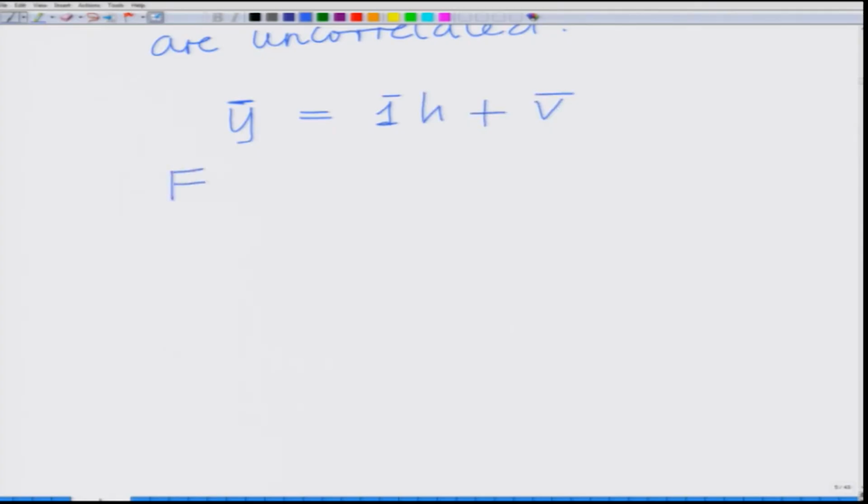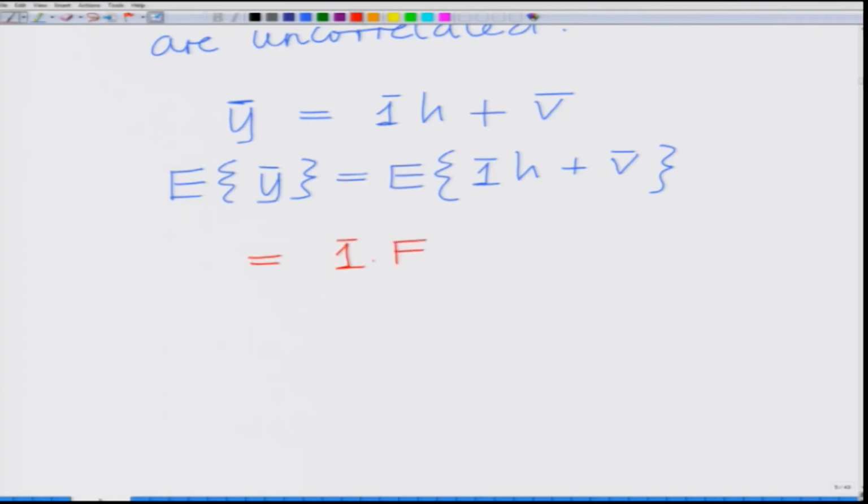I can calculate the expected value of y bar as the expected value of 1 bar h plus v bar, which is equal to, of course, 1 bar is a constant, 1 bar times the expected value of the parameter h plus the expected value of v bar.